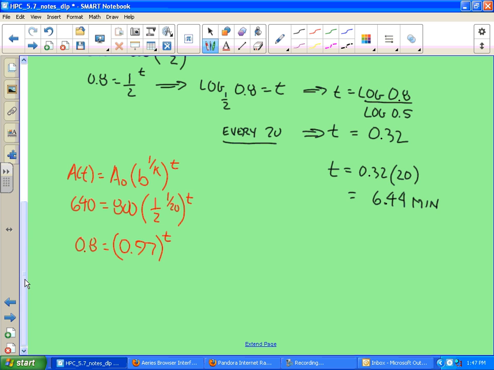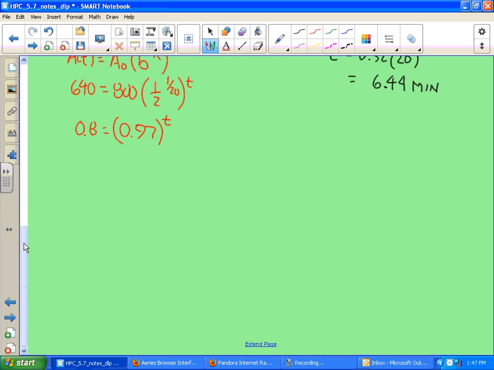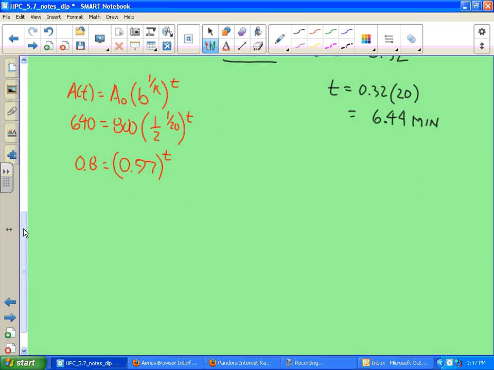And then here we are. I have log base 0.97 of 0.8 is equal to t. So now what's my answer? 7.33?